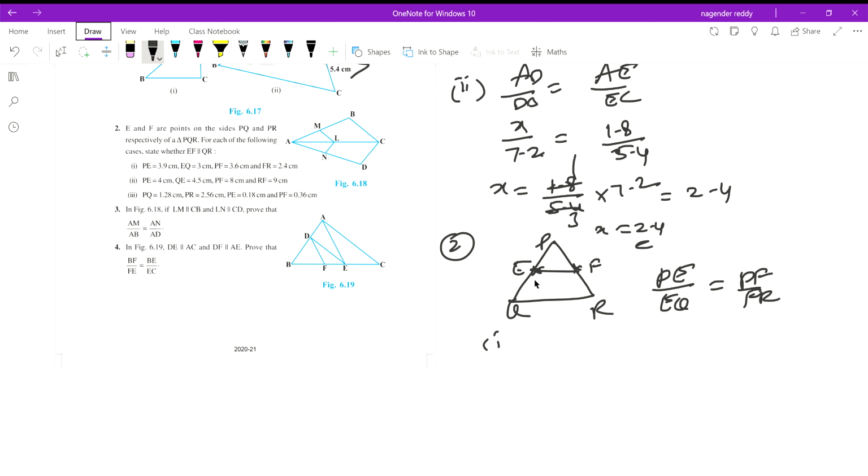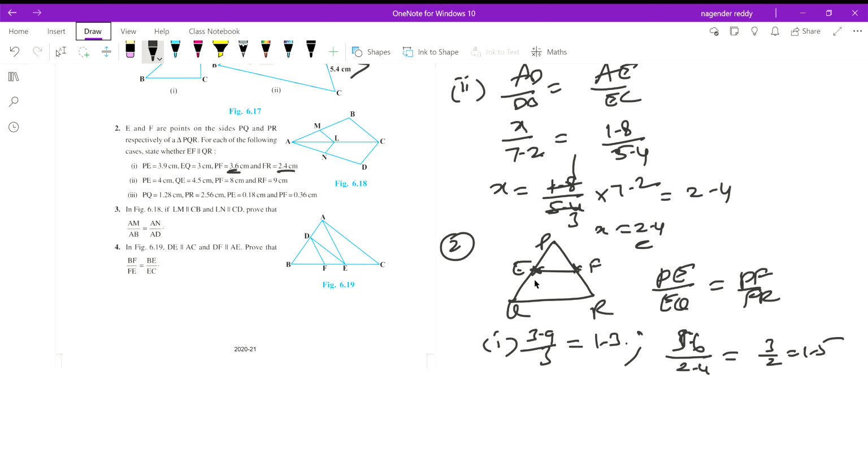In the first case, PE value is given as 3.9, and EQ value is given as 3, so you'll get 1.3. And PF value is 3.6, so I'll go with 3.6 by 2.4. 12 3s are 12 2s are, so it is 1.5.